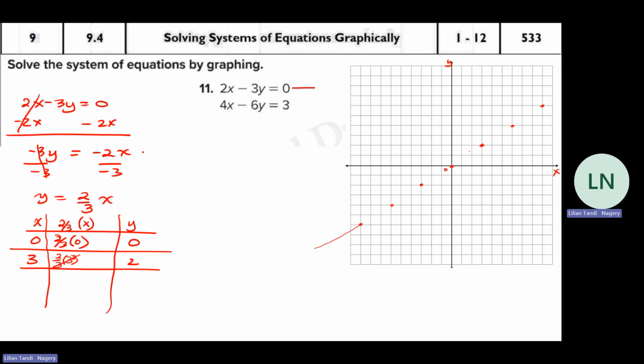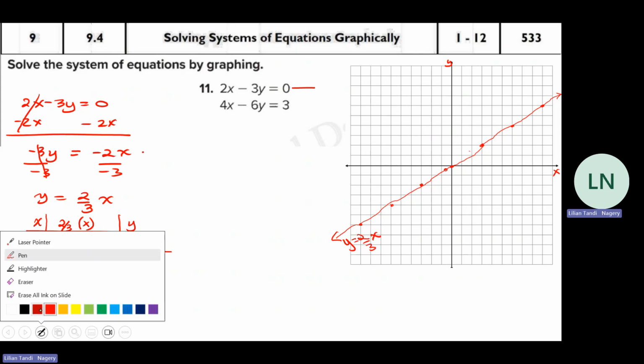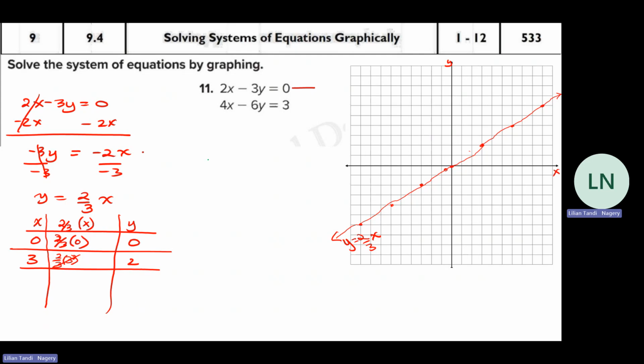And with your ruler, don't mind me because I am not using a ruler. Okay, so this will be y equals 2/3 x. All right, so now let's use green for this one.